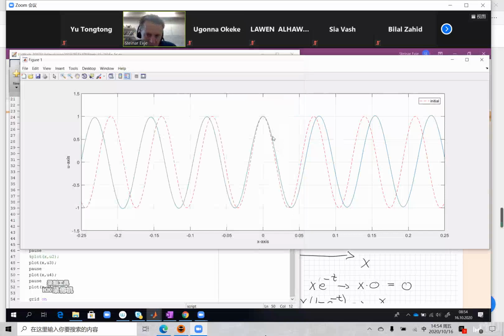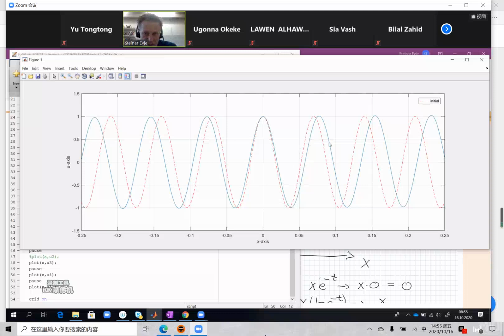If we look at what happens in this region, we see that there is clearly a transport compared to the initial data. There is a transport towards right. This front wave has moved towards right, and you can see the same behavior if you go to the next peak here.